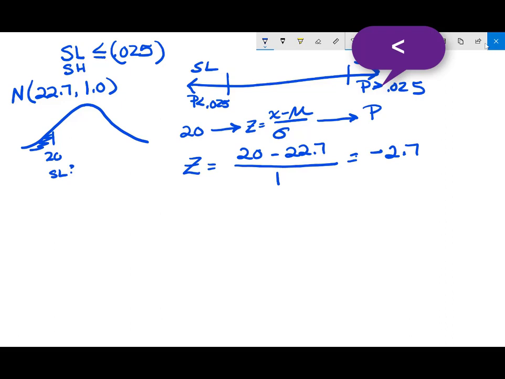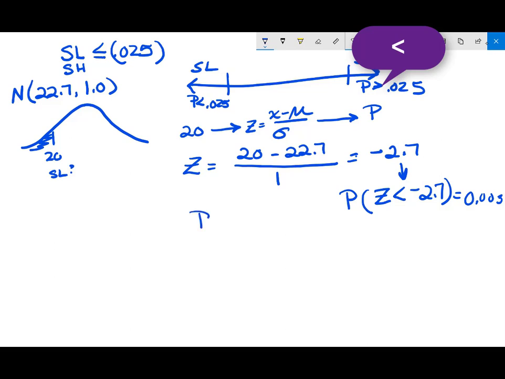The probability that Z is less than a negative 2.7 equals 0.0034667. Okay, so this is less than 0.05.